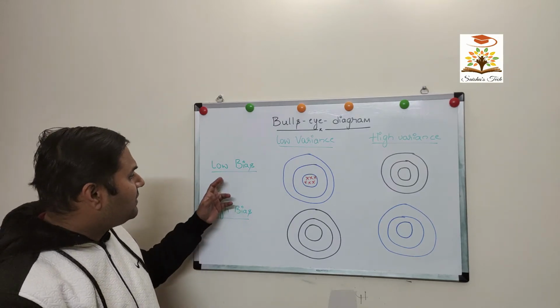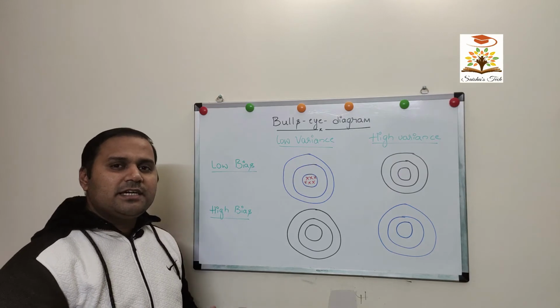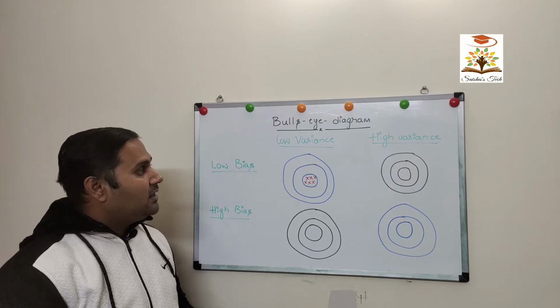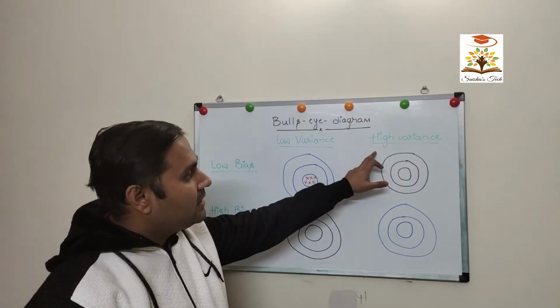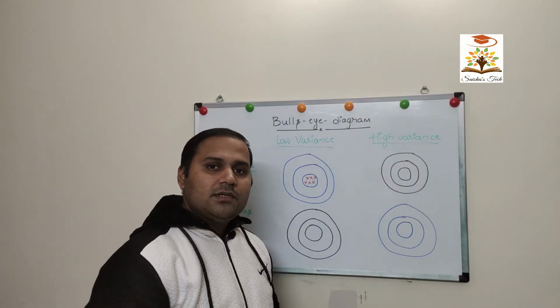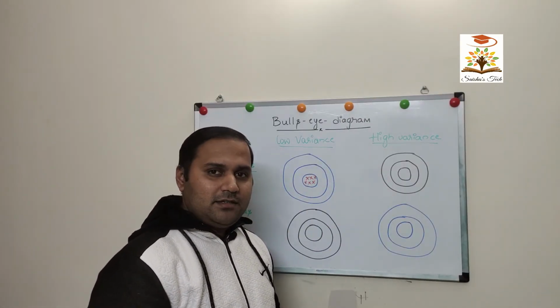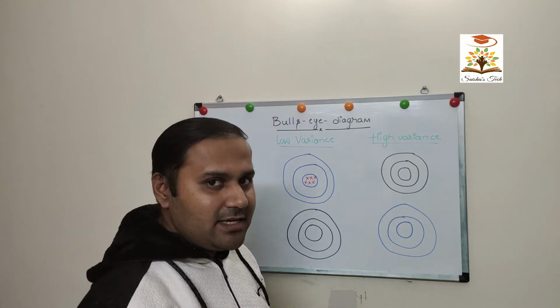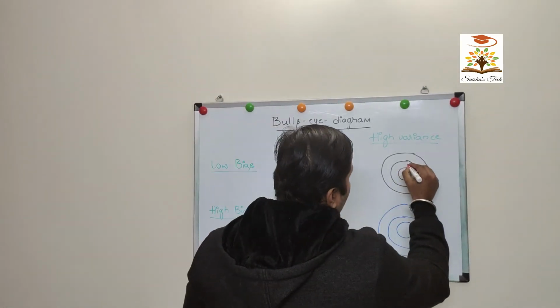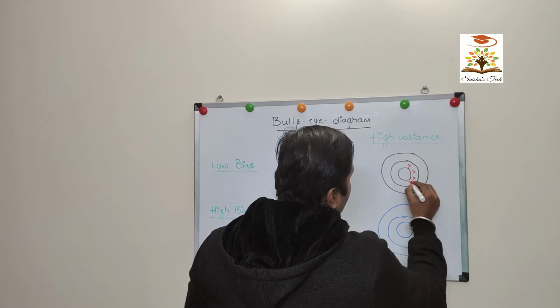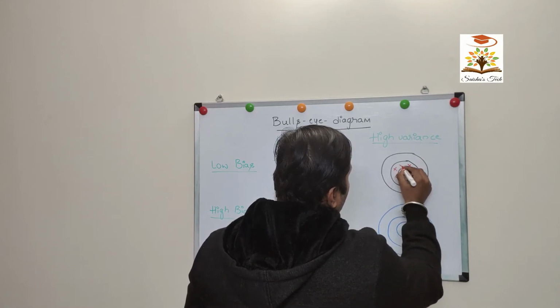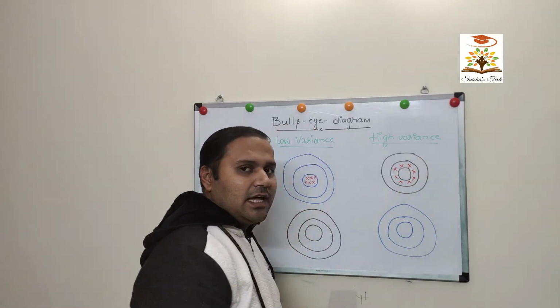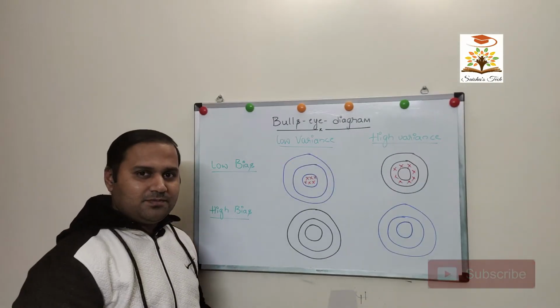Similarly, if the error between the actual and the predicted is least, but the variability in the predicted output is higher, that can be represented as these values as shown in the bullseye diagram.